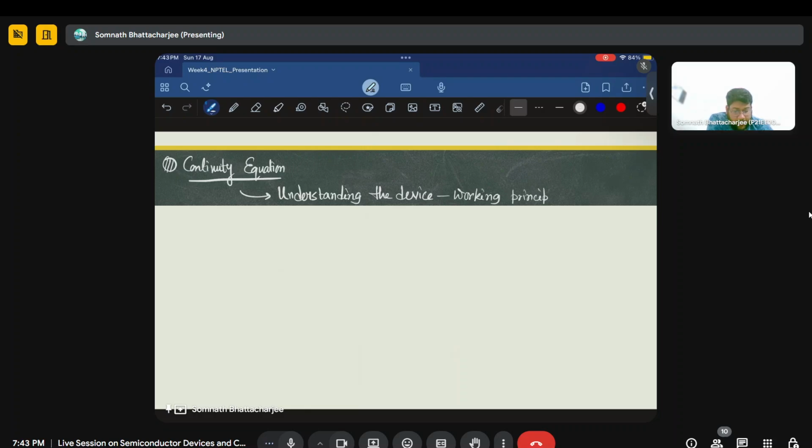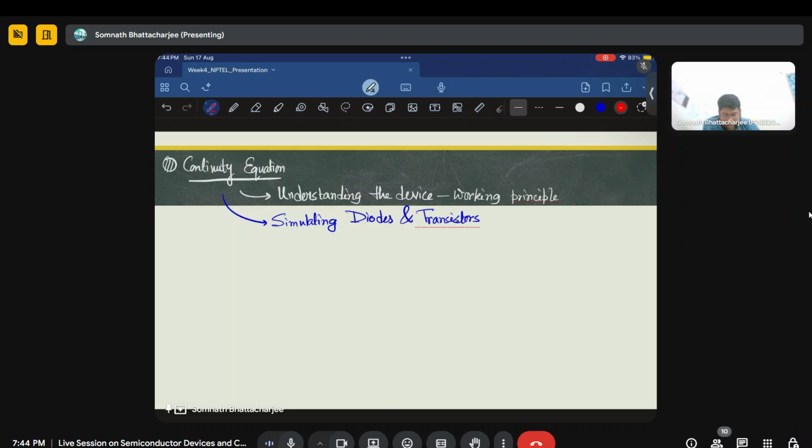And if we are going to simulate a transistor or a diode, we obviously need to know the continuity equation. To simulate a device correctly, like a diode or a transistor, we need the continuity equation.